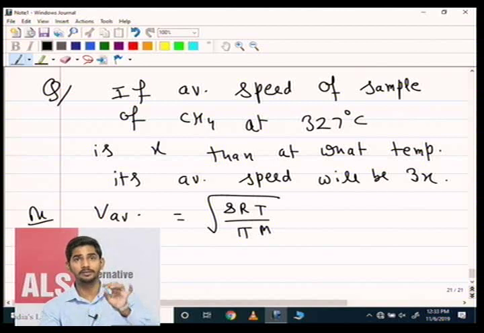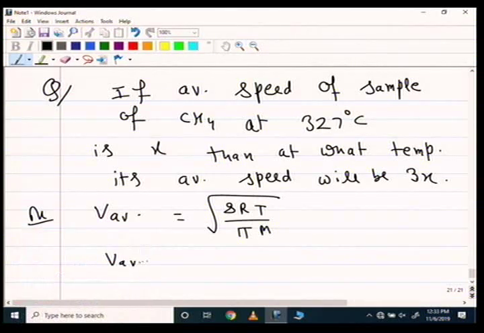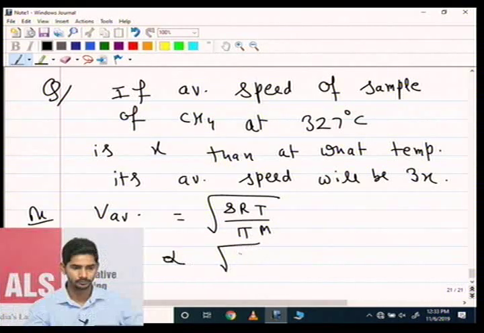Just after looking at the situation given to us in the question, on the basis of that, I can say this is proportional to root of T upon M.